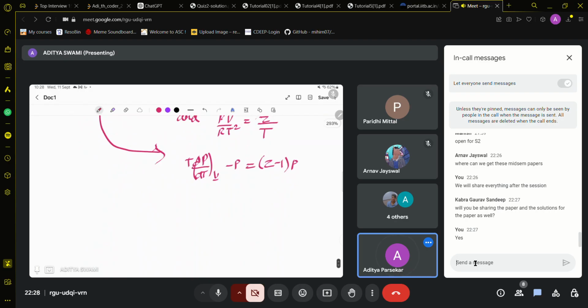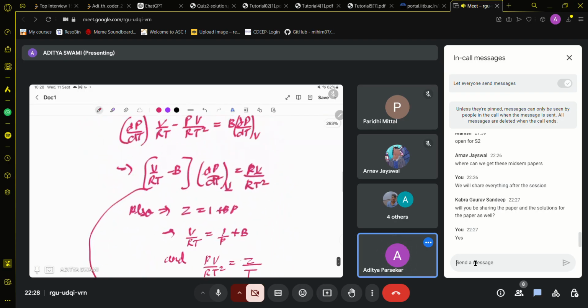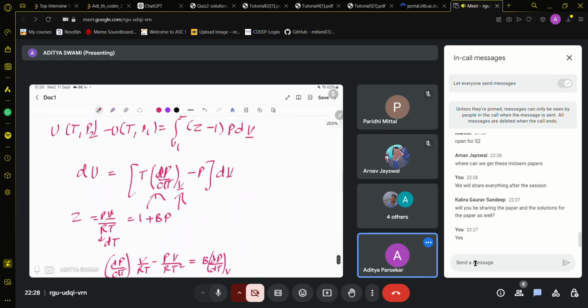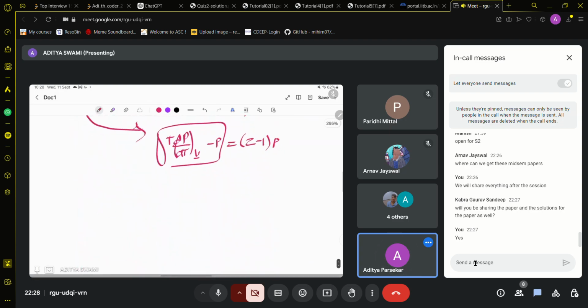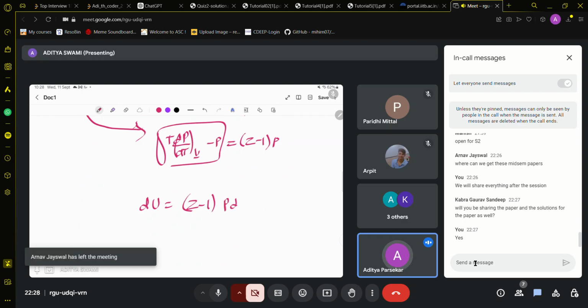We substitute this part over here, and we'll get dU is equal to (Z minus 1) P dv.